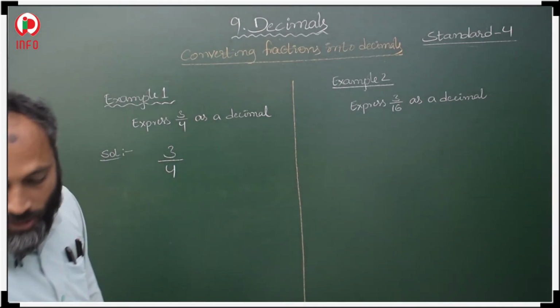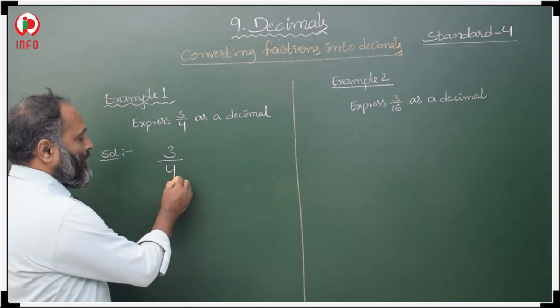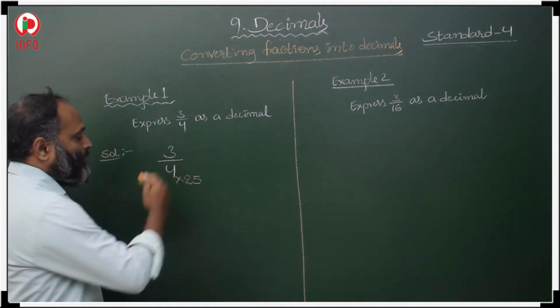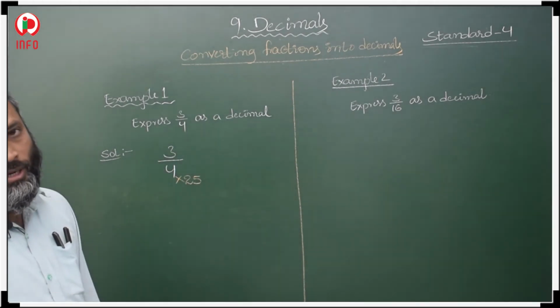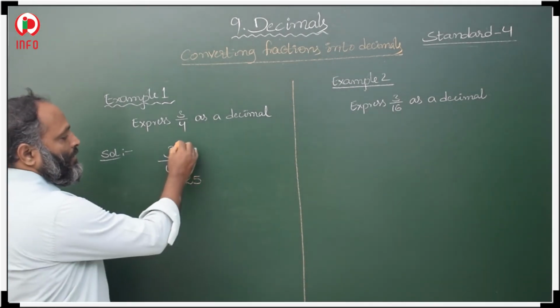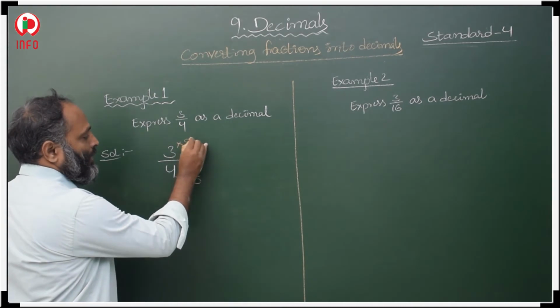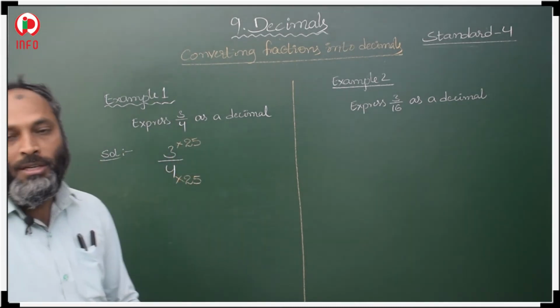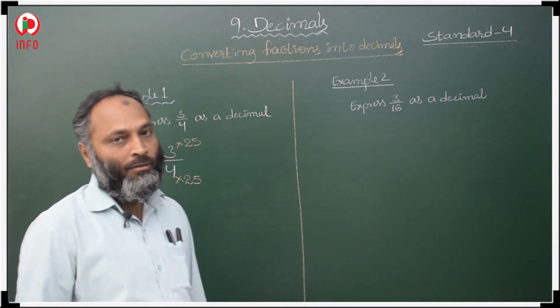So you have to multiply the denominator with 25. If you multiply the denominator with 25, then the numerator also you have to multiply with 25.